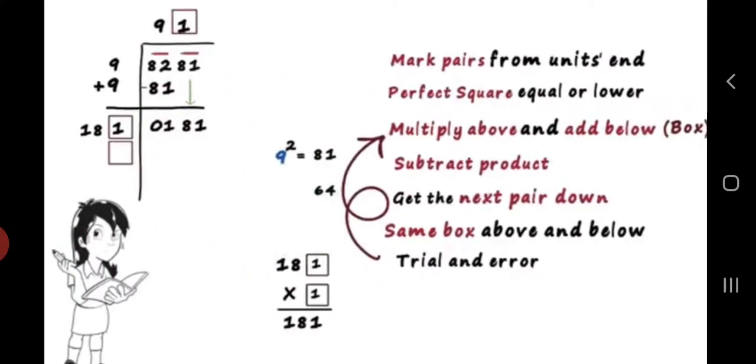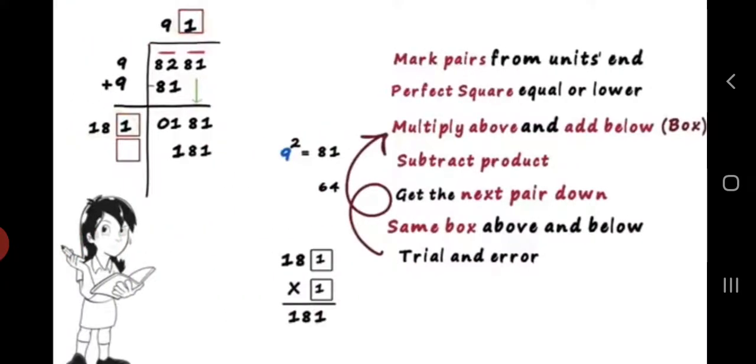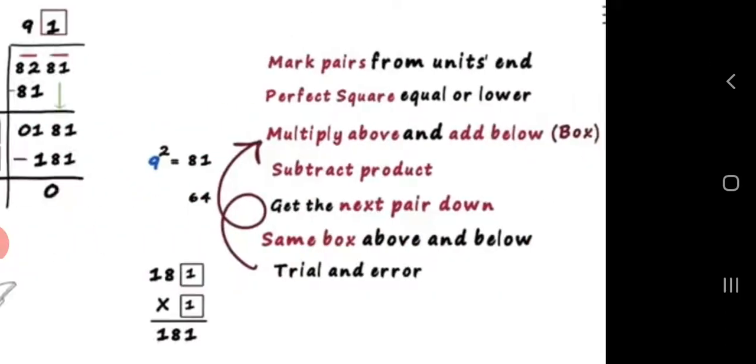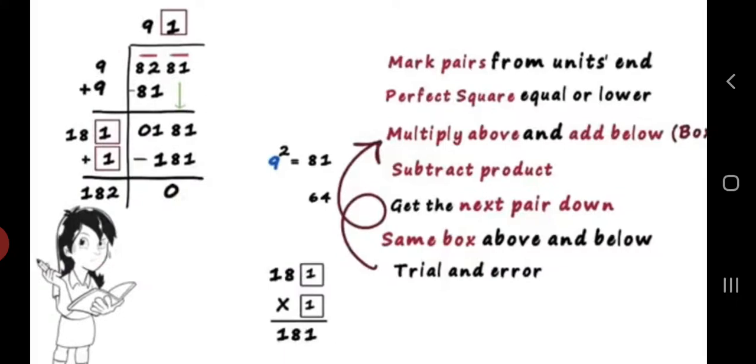So first multiplying 1 and 1 with 181, we shall get 181 again, and in the next step we shall add 1 with 181 and get the number 182. Next step is to subtract the product. So subtracting 181 from 181, we get the result 0.